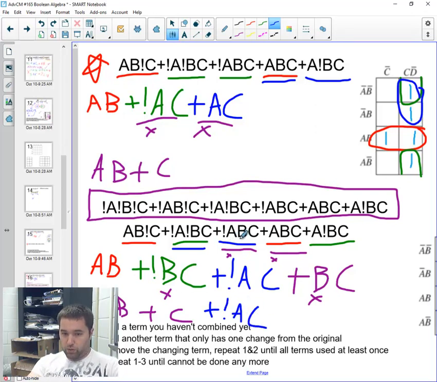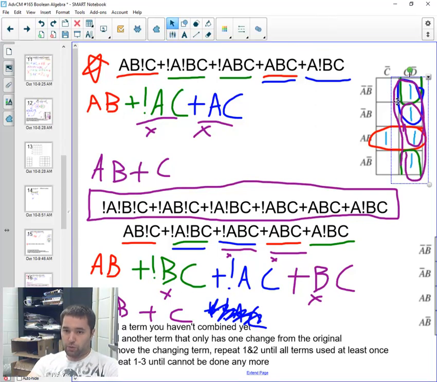When I look at blue, is blue still covered by green and purple? Yes, it is. So I can completely remove blue because I underlined it and I see that it's already covered by other terms. So what that means in the K-map is I drew this circle, I combined it with green, so I got this circle, and then I removed the blue circle.